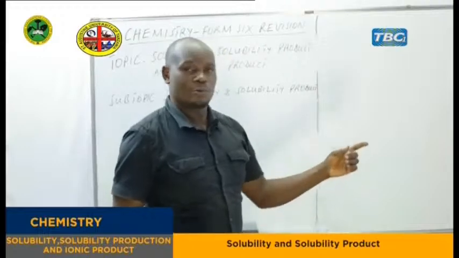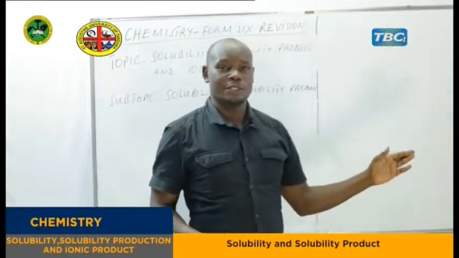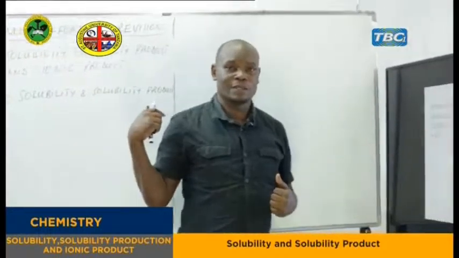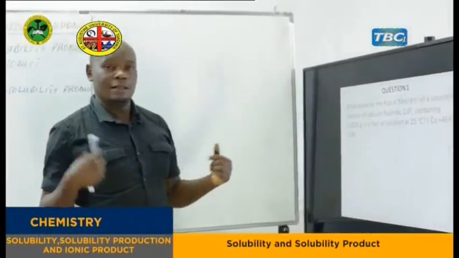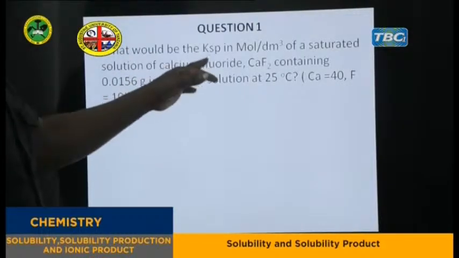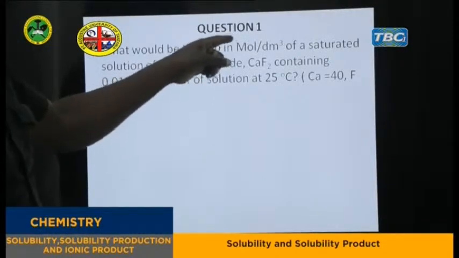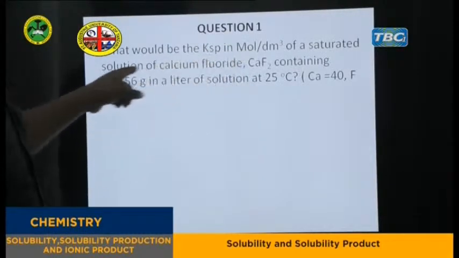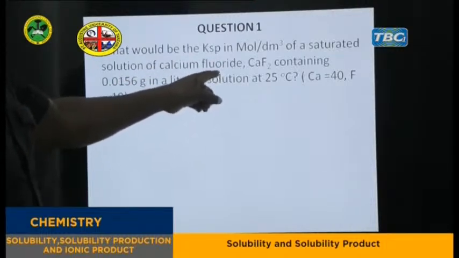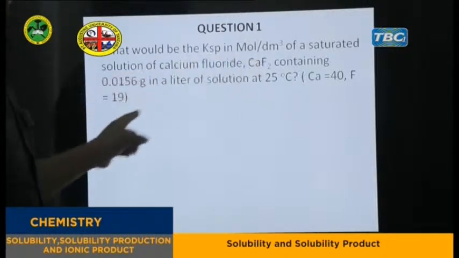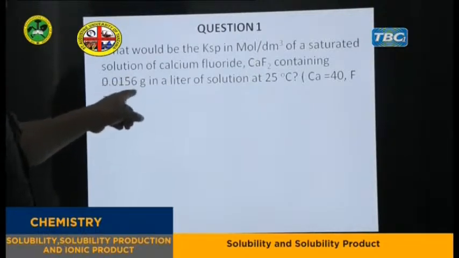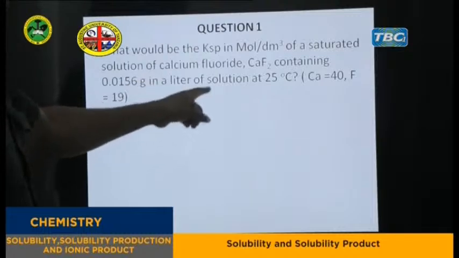Welcome back now to solving some of the questions that we need to consider in this subtopic that we have discussed. And the first question is: what would be the Ksp, in moles per decimeter cubed, of a saturated solution of calcium fluoride, containing 0.0156 gram in a liter of solution?